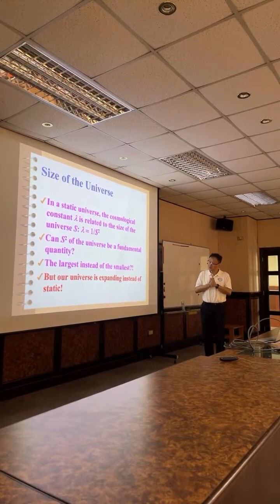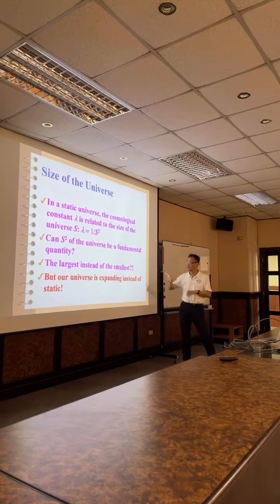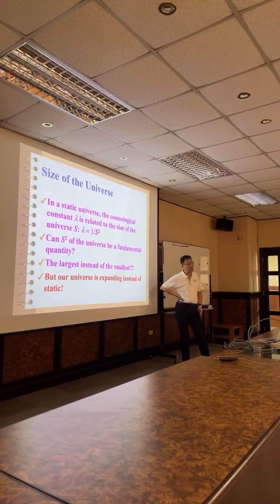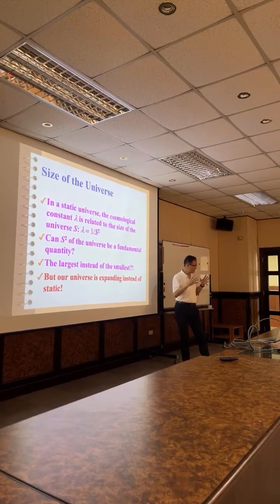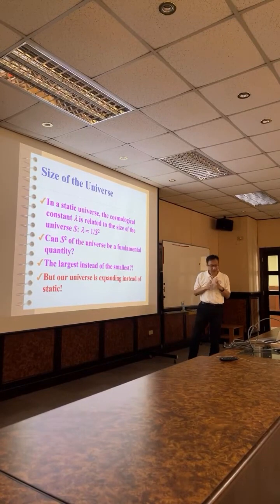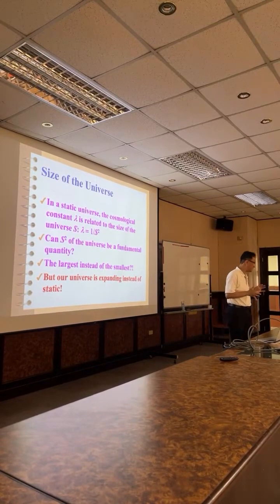If lambda is some kind of fundamental unit, that means the size of the universe, or S squared, is some kind of fundamental quantity. It's very large, but still a fundamental magnitude constant in the universe. But that's not right.